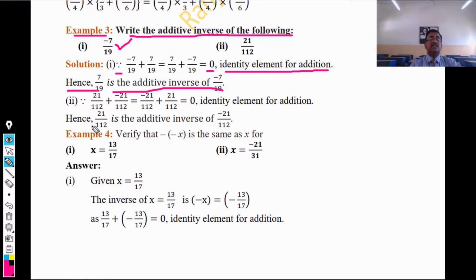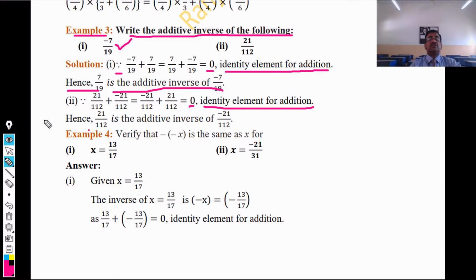Similarly, in the second part also, you have to show that the question here is 21 by 112. Then 21 by 112 plus minus 21 by 112 equals minus 21 by 112 plus 21 by 112 equals 0. That is the identity element for addition.